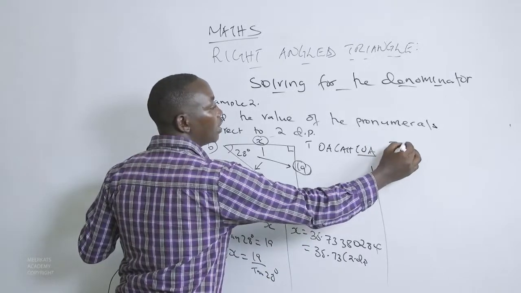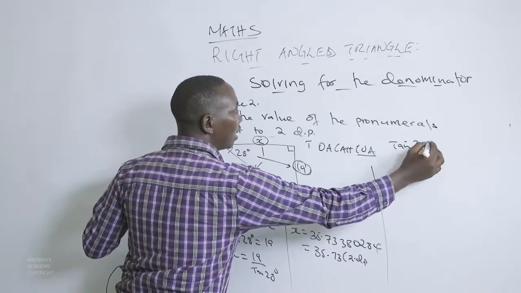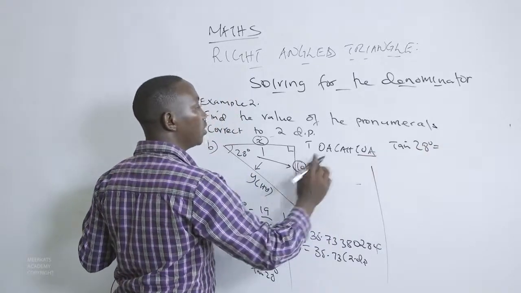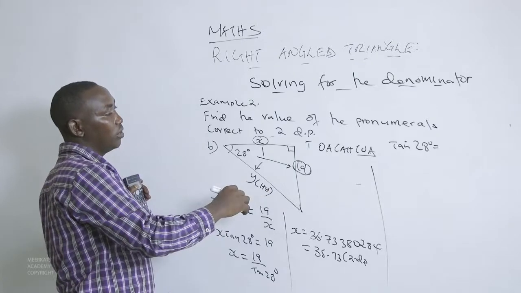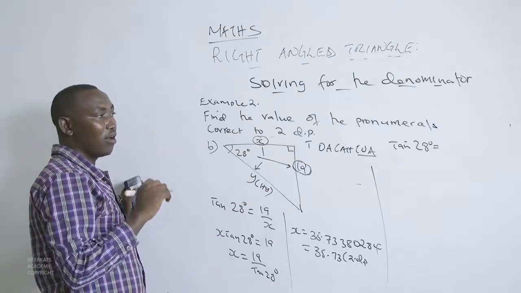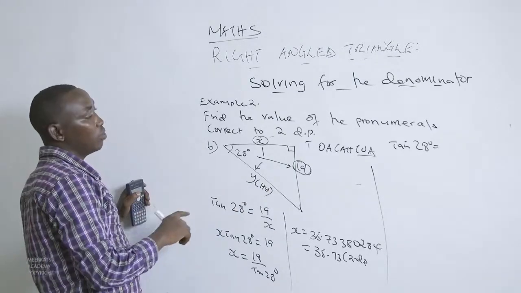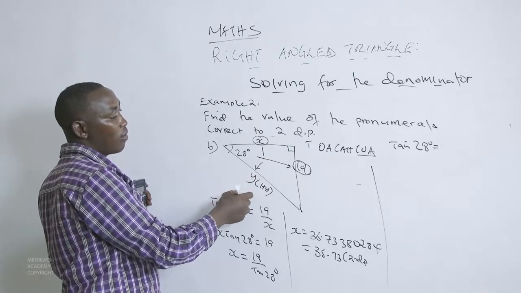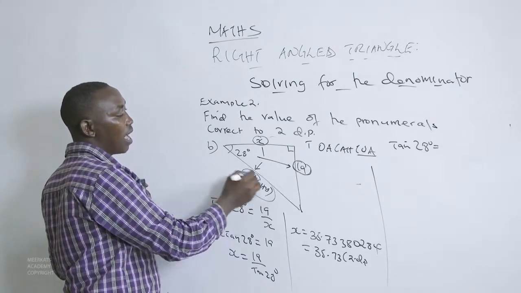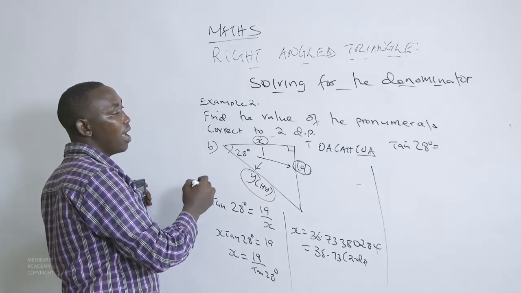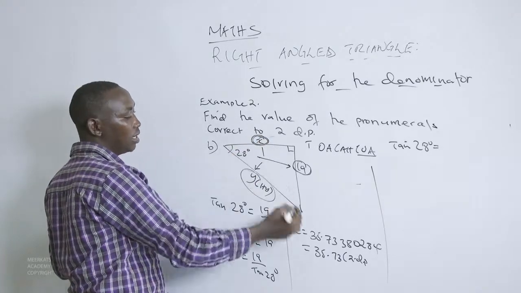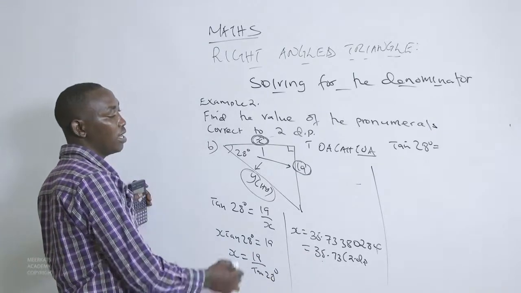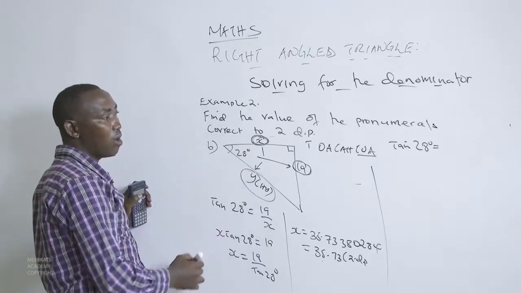Alternatively, for us to get the value of y, we can use the ratio that has hypotenuse and adjacent. Because we already have the adjacent as 35.73, we can get our y.